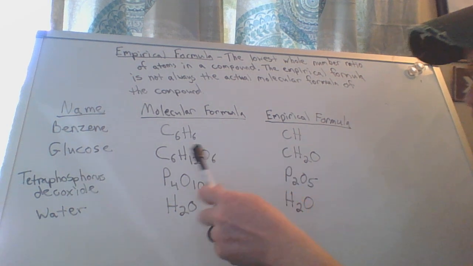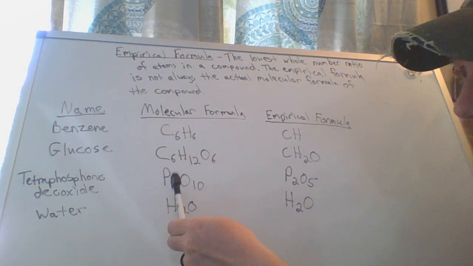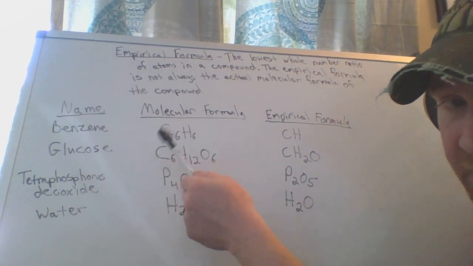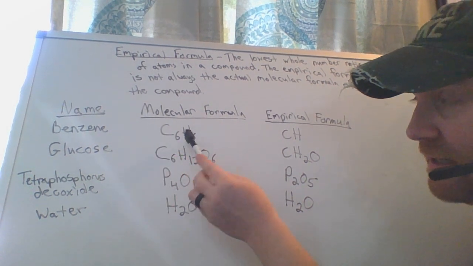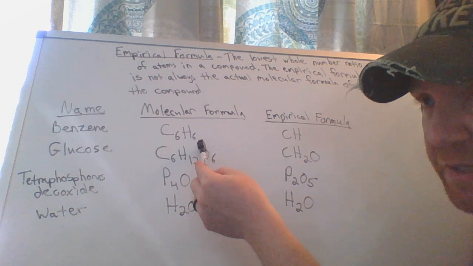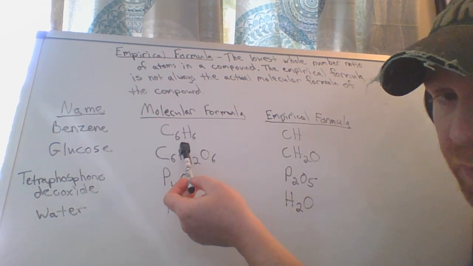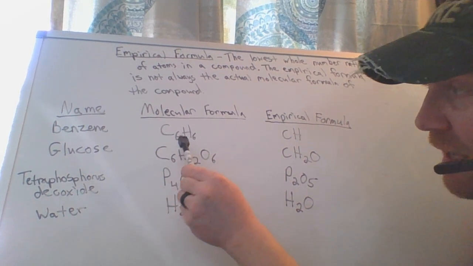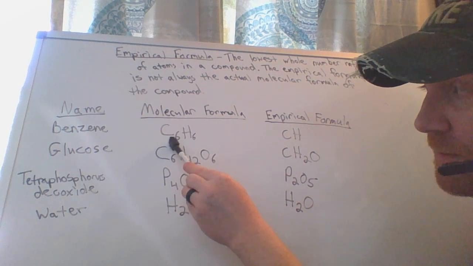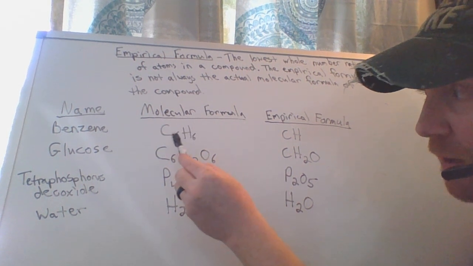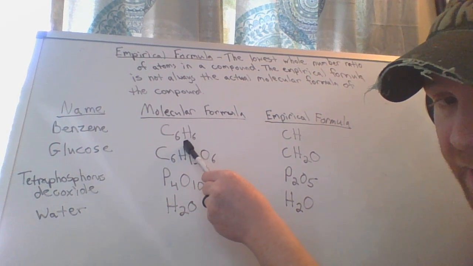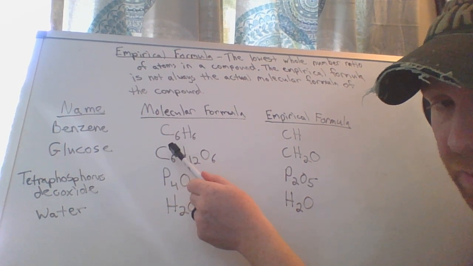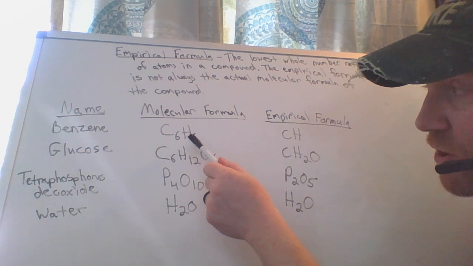Below, I have a few examples, 4 different chemicals. Here are the names. Let's look at benzene, the first chemical that I have here. Benzene is a chemical that's actually in the shape of a hexagon ring, hexagonal. It's got 6 carbon atoms bonded in a ring, but attached to that ring are 6 additional hydrogen atoms. So the actual molecular formula is C6H6.